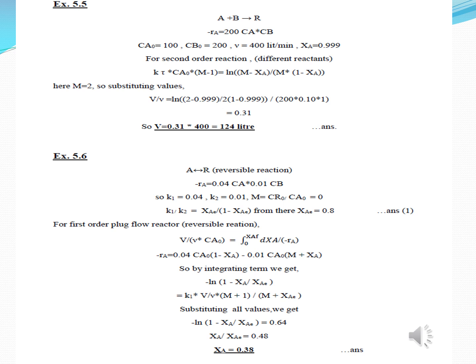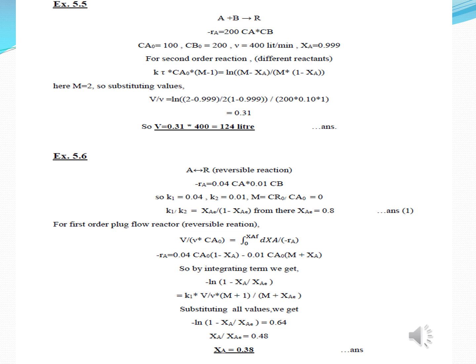Cr naught is 0 at the start, so the ratio is 0. K1 by K2 gives the equilibrium constant, from which we can see that XAE is 0.8, so the equilibrium conversion will be 80%.